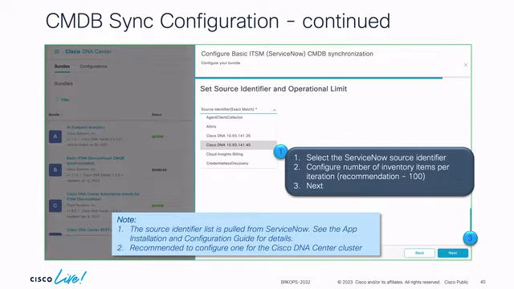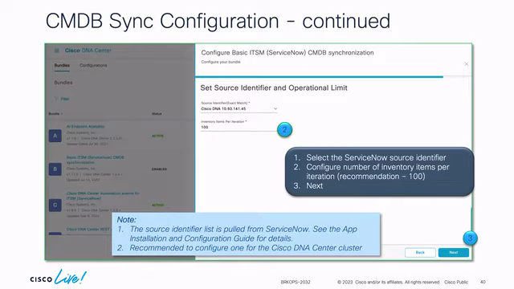We don't need to go into all the details. The application installation and configuration guide includes all the details of how to configure the discovery sources, and the administrators of ServiceNow would find it very easy to help you with these steps. Then a recommendation: how many devices we want to include with each REST API call.